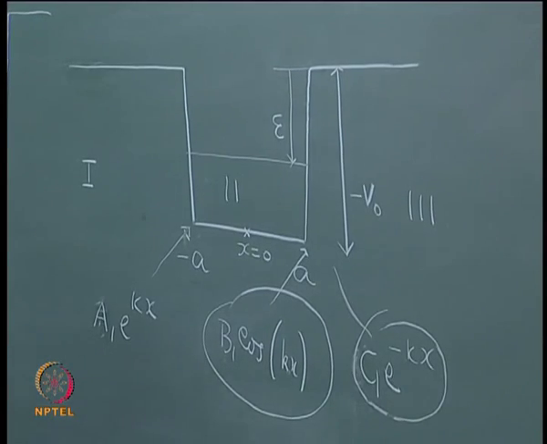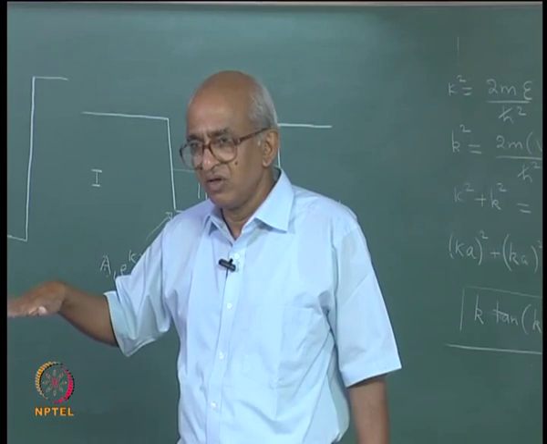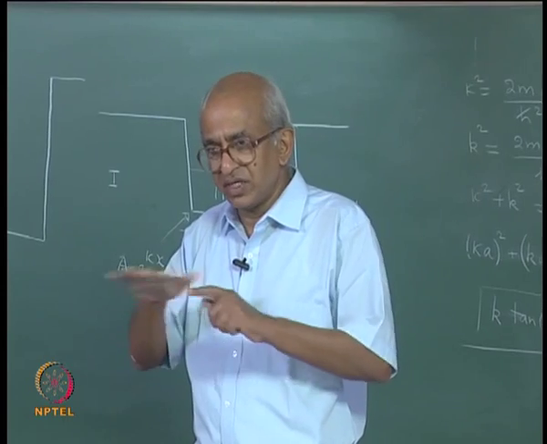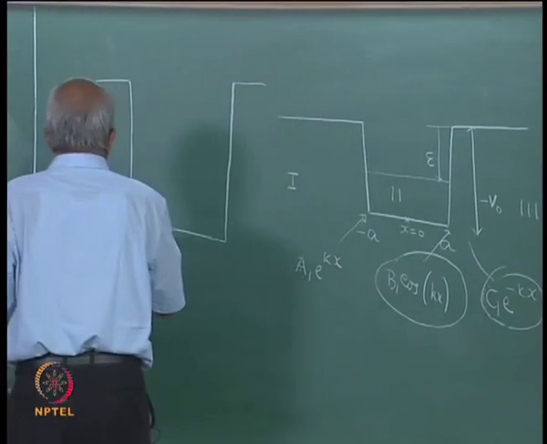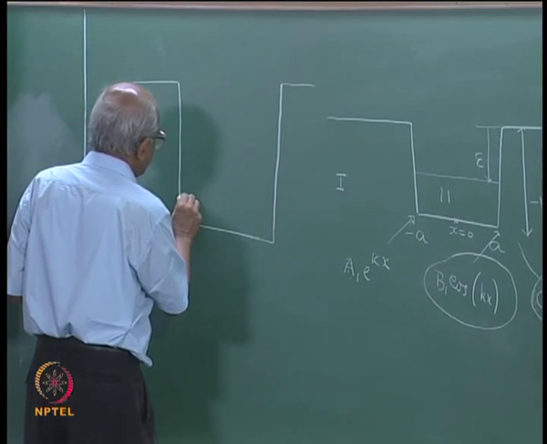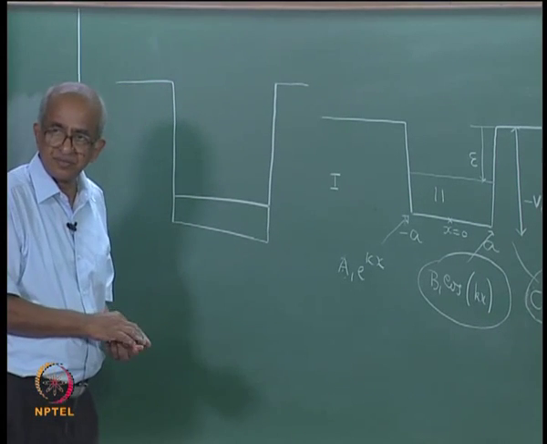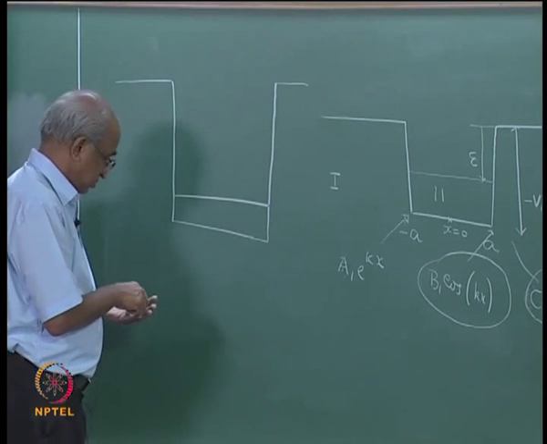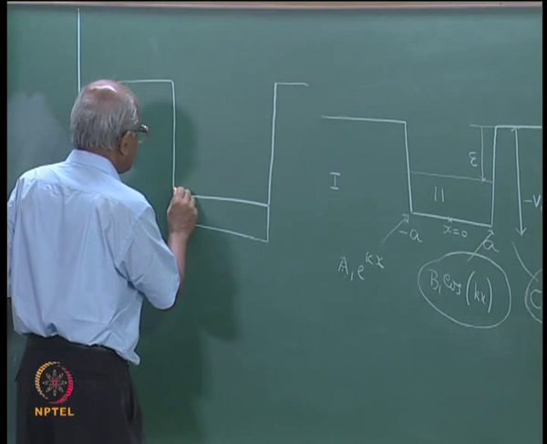In addition to that, you have to ensure that the wave function is normalized. So, all the constants that you require can be found, and how would the wave function look like? The lowest possible state, as I have been repeatedly saying, would not have any nodes. So, the wave function would look something like that.